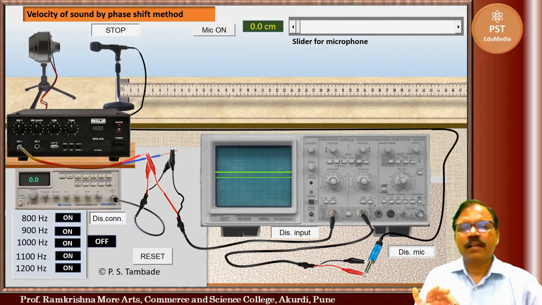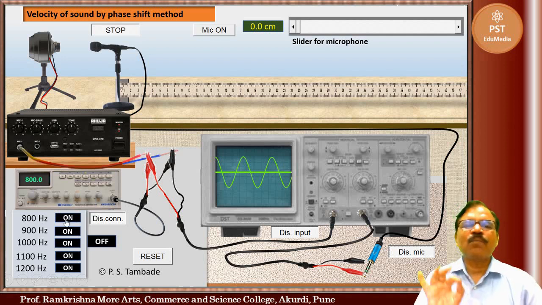The red crocodile pin is connected to that middle wire, and the black is the outside wire. Now if we turn this on, you will get the waveform for input, but the microphone waveform is not there. For that purpose you have to turn on the mic.